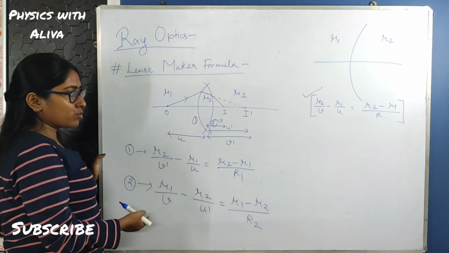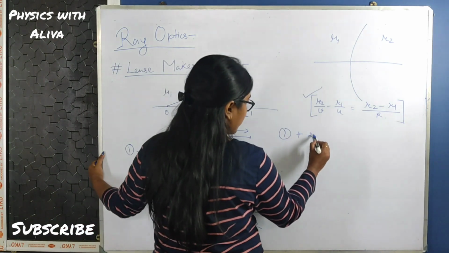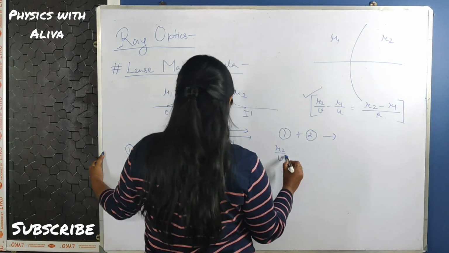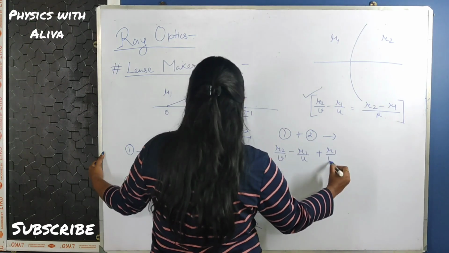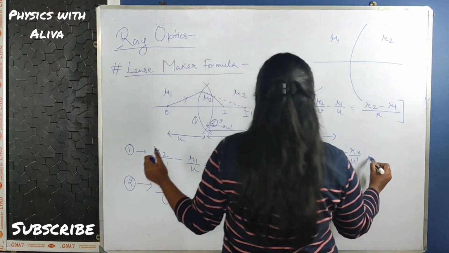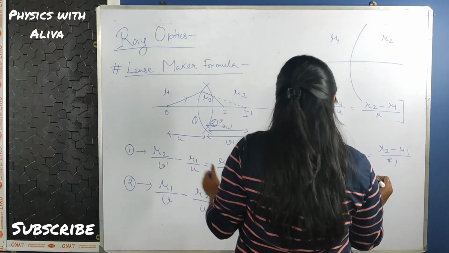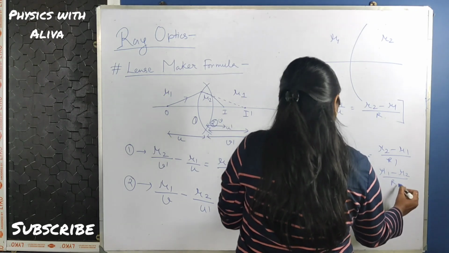Now we will add these two equations. Equation number 1 plus equation number 2 gives mu2 by V dash minus mu1 by U plus mu1 by V minus mu2 by U dash is equal to mu2 minus mu1 divided by R1 plus mu1 minus mu2 divided by R2.